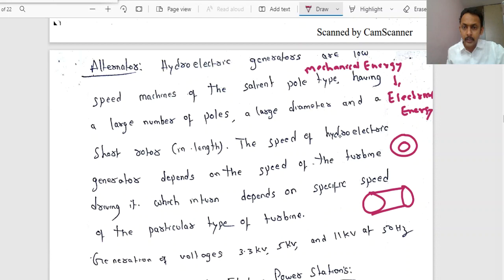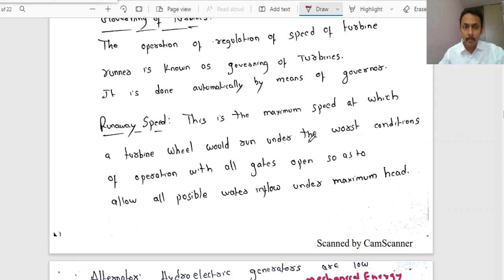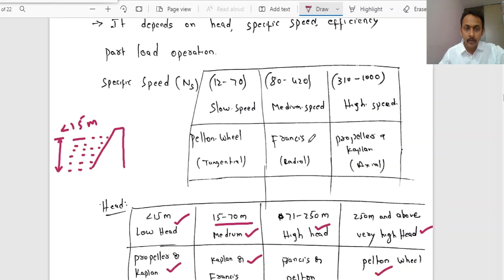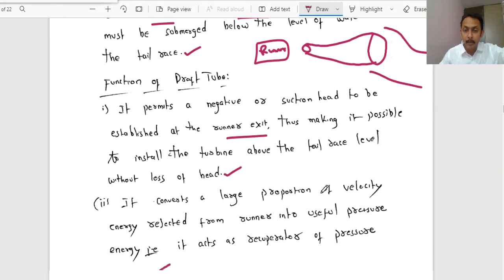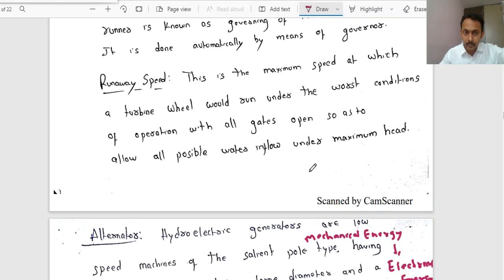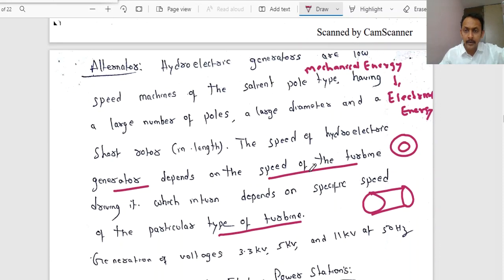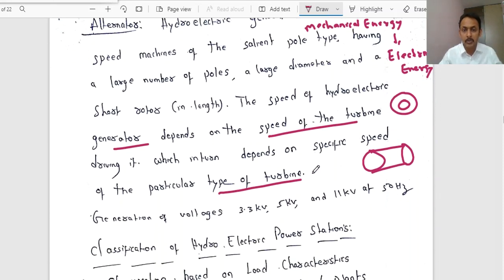So the speed of the generator depends upon the speed of the turbine, which again depends upon the specific speed of the particular type of turbine we are using, whether it is a propeller, Kaplan, Francis or Pelton wheel.